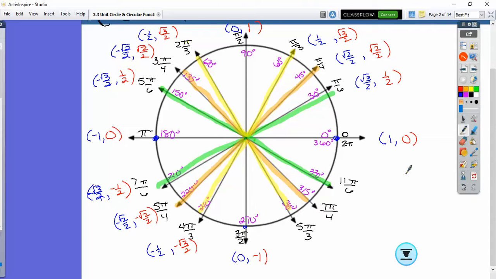Okay, what about if you have a point in the fourth quadrant? What's true? Well, x is positive and y is negative.